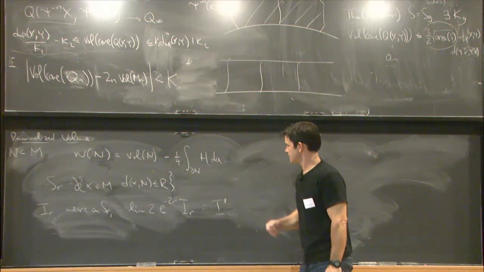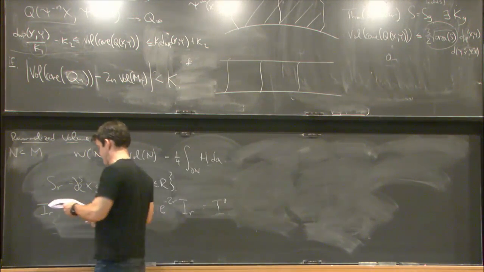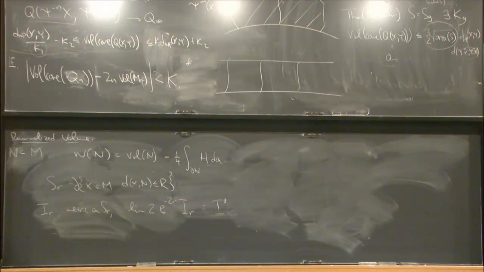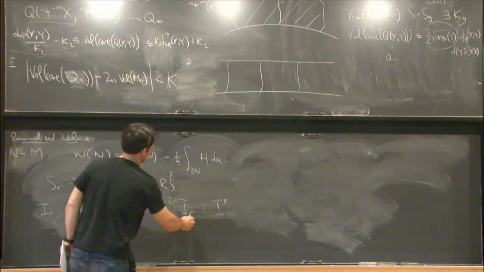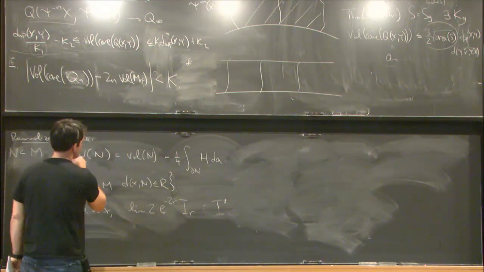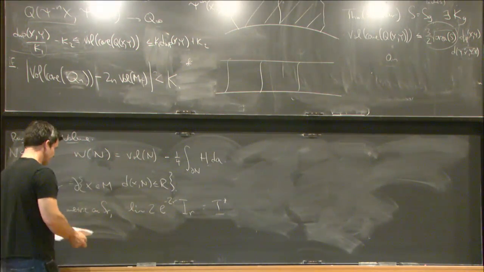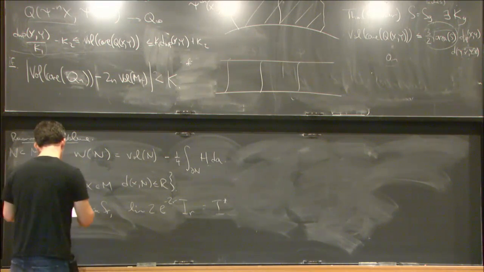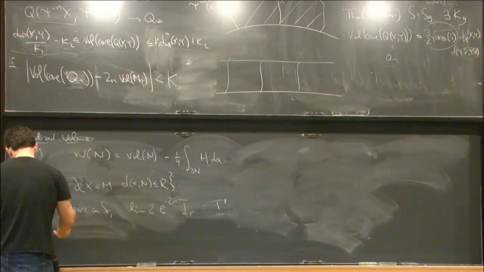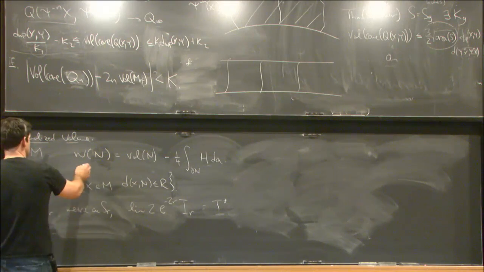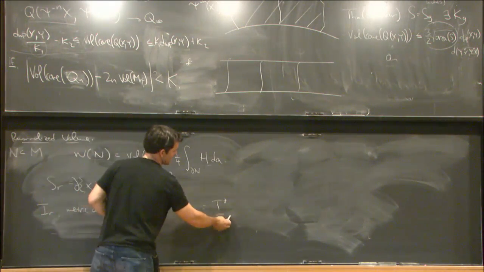The idea is that there are different ways to realize this family. You could start with a different N, but this quantity depends only on this limiting structure.